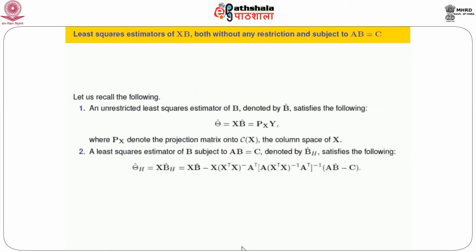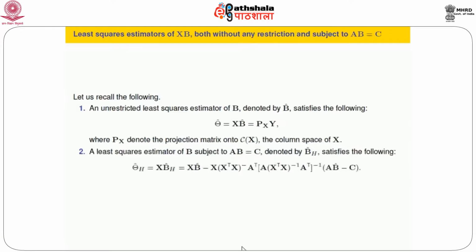So let us recall the following. The development of the test procedure is in successive steps. This is one of the things that we should remember. Our unrestricted least square estimator of B, denoted by B hat, satisfies the following: theta hat = X B hat = PX Y. What is PX?